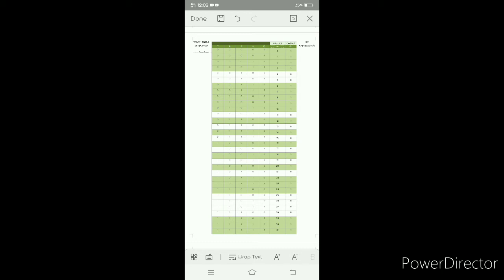Then if the input is 1, the output will be 1 also. If 2, it will be 1. 3 will be 1. And 4 will be 0 or low. Then 5, and so on until 31.